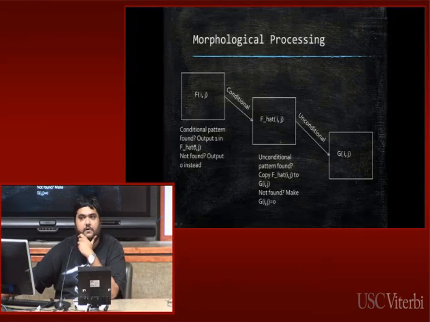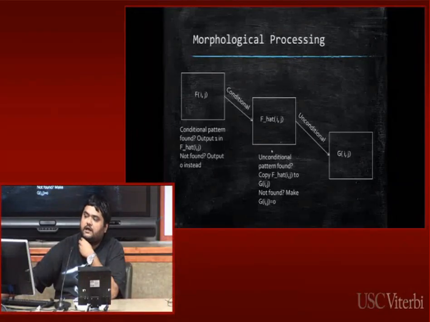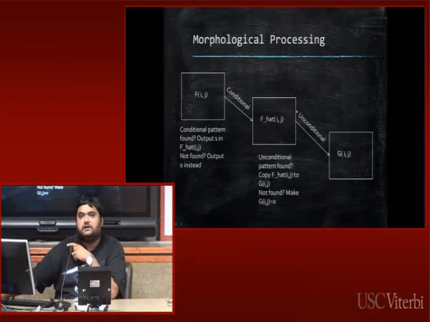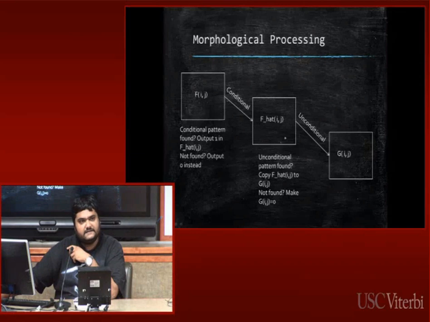You output 1 if you have found a pattern matching the pattern of the current pixel. If it's not found, then you output 0 instead. In the next step, for the unconditional pattern, you process this image and you don't care about the earlier image anymore.